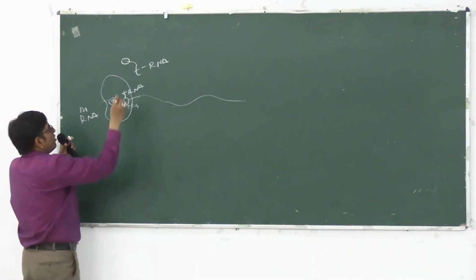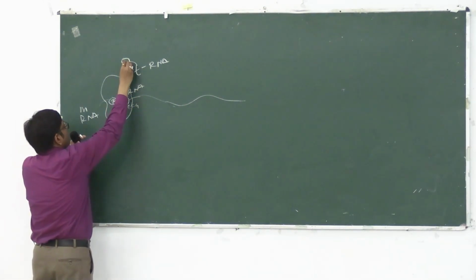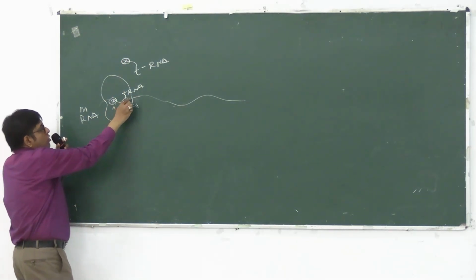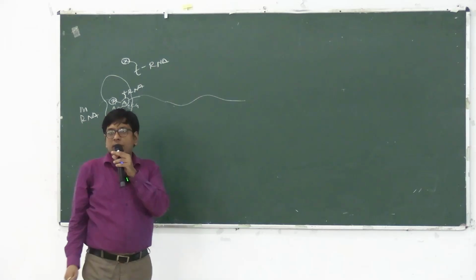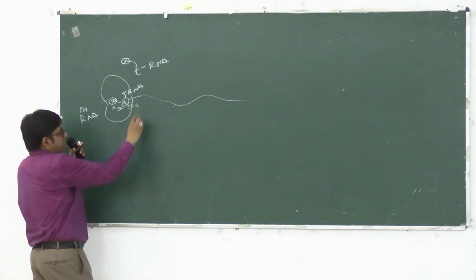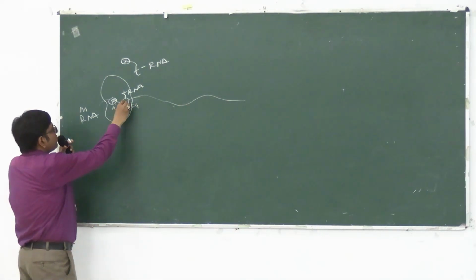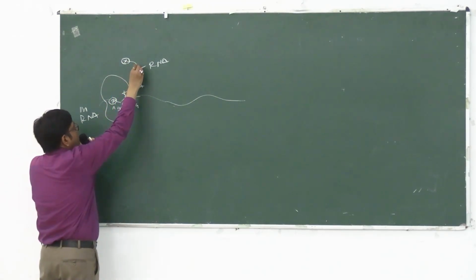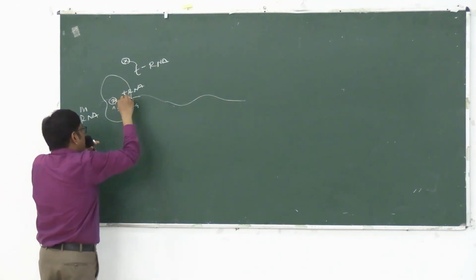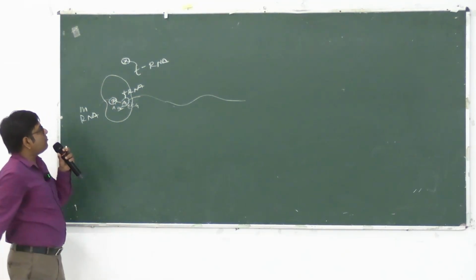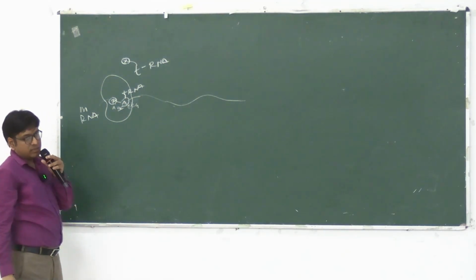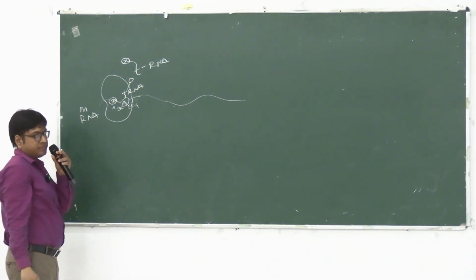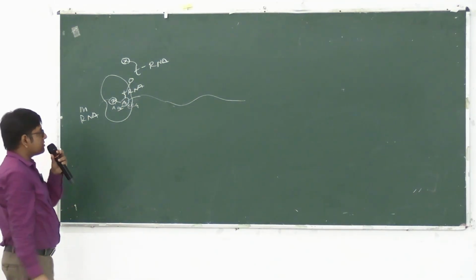That tRNA which is carrying an amino acid, suppose X, which matches with the codon in the A site. বোঝা গেছে? এই A site or acceptor site এ যে কোডন থাকে, সেই কোডন অনুযায়ী যে অ্যামাইনো অ্যাসিড আসার কথা, the tRNA carrying that particular amino acid will come and bind to A site. So in the A site you have a tRNA with an amino acid. This is how the process begins.